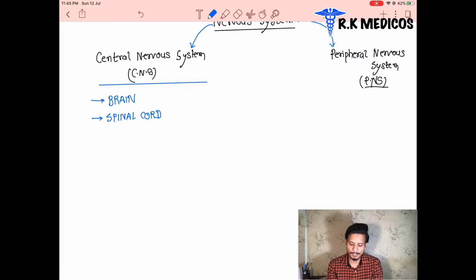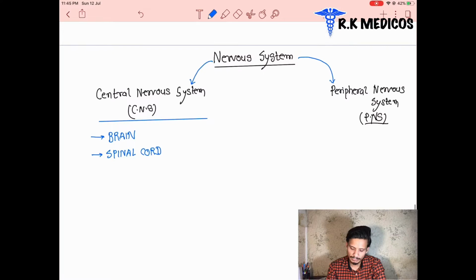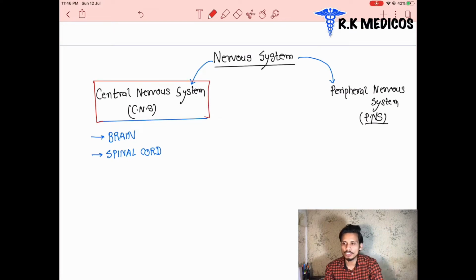In the next point we are going to discuss what the peripheral nervous system is and how it controls activity. We can say that the central nervous system is the director and controller of our body. It controls all the activities of our body by sending impulses.